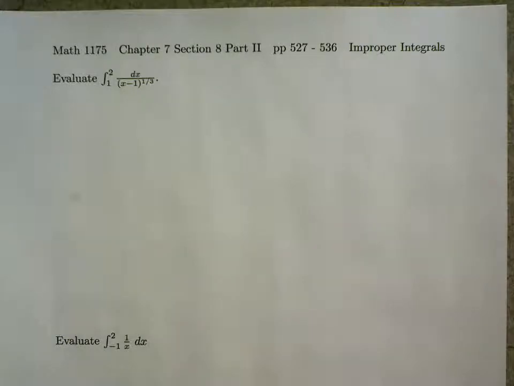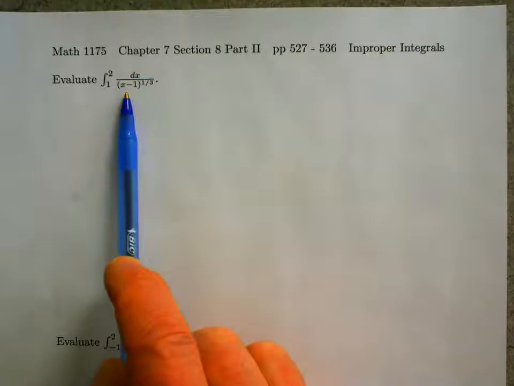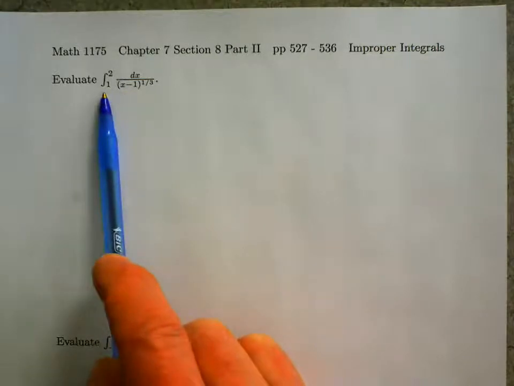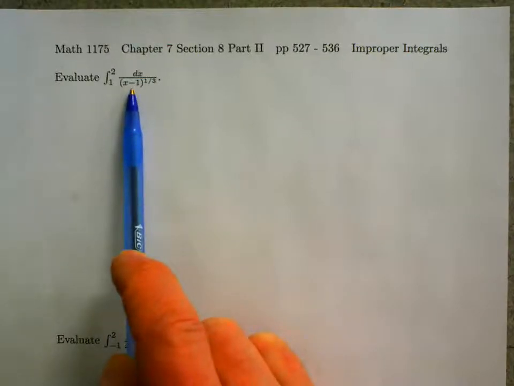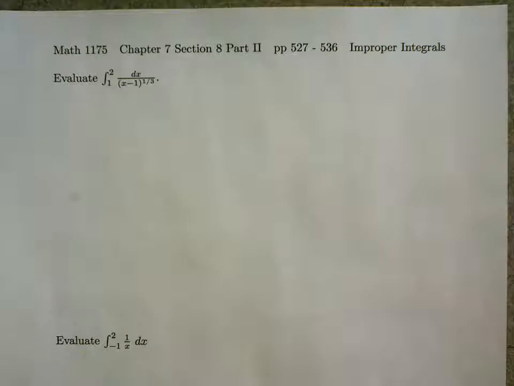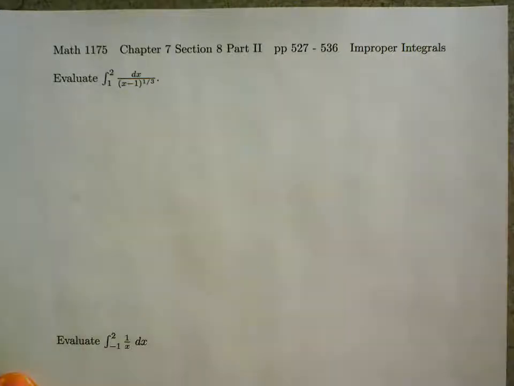Why is it improper? Yeah, the function in the integrand is not defined when x equals 1. So we cannot evaluate this the way we would evaluate an ordinary definite integral. This is improper.